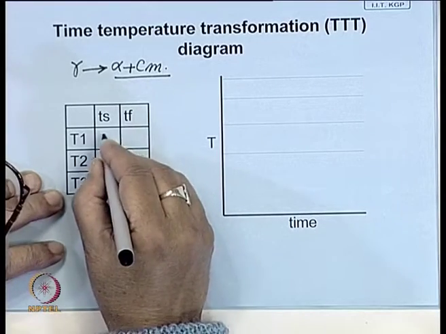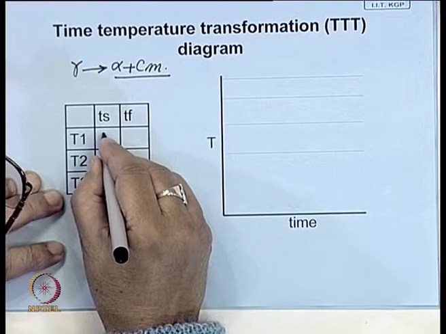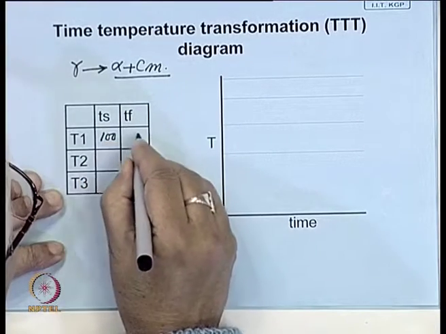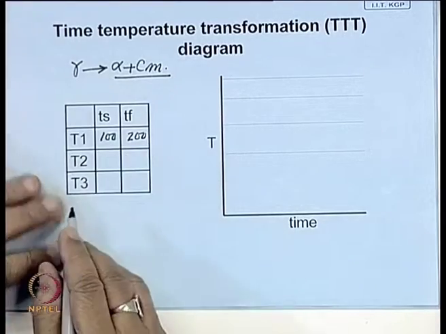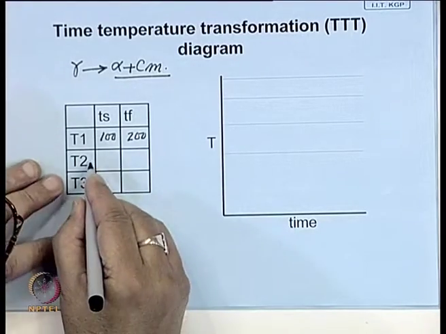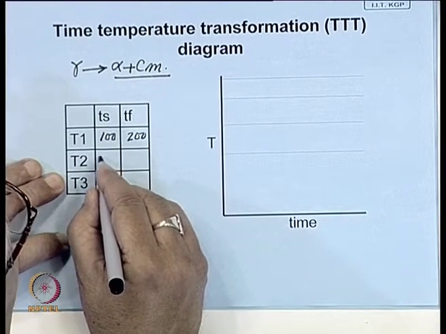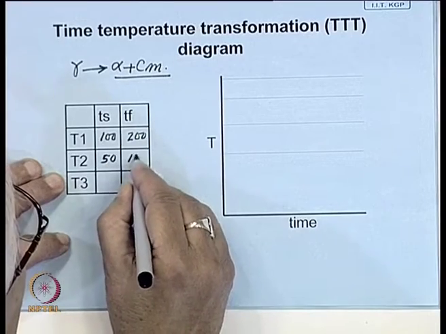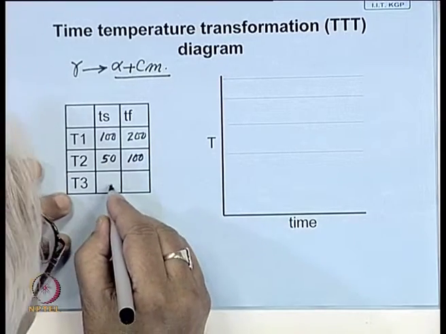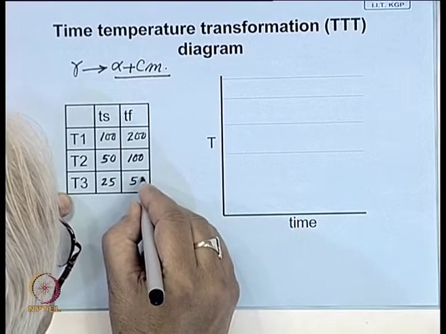Maybe this may be 100 and this 200, say 100 seconds, 200 seconds, I am putting arbitrary numbers. If you go down further you may find that it has come down, this is 50, this is 100. If you come down further, maybe it is 25, this is 50.